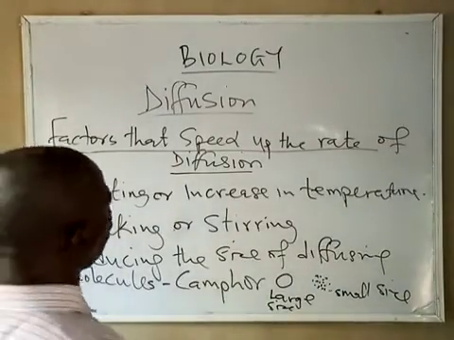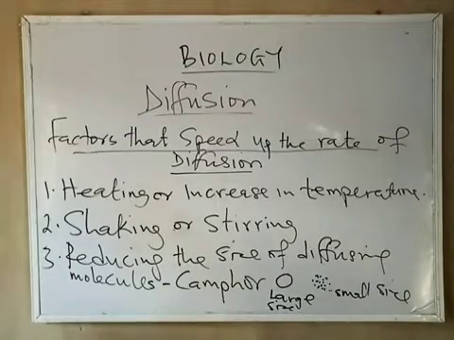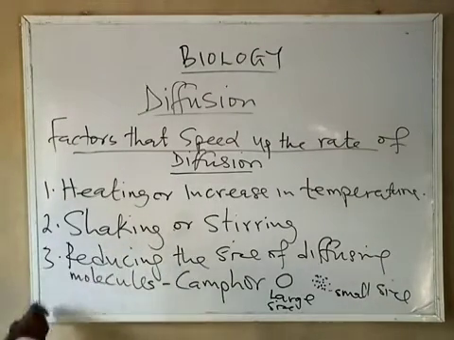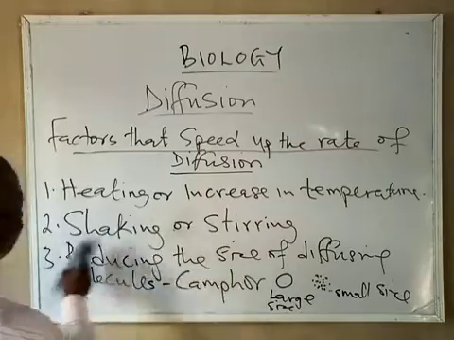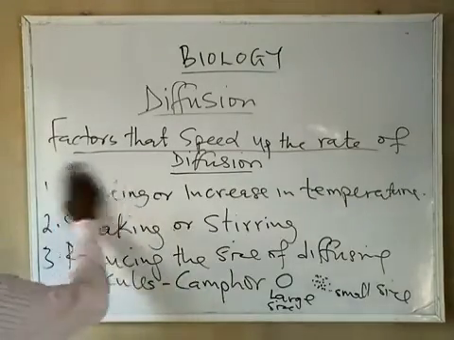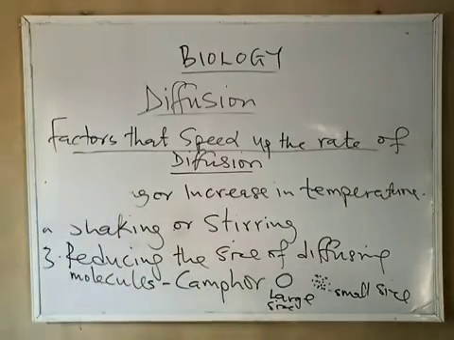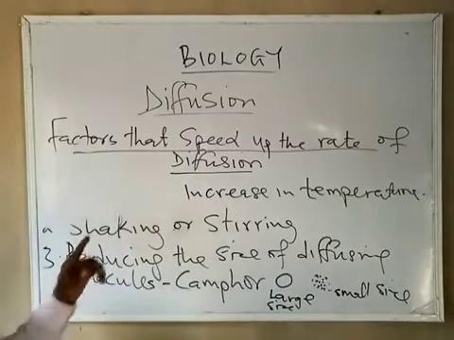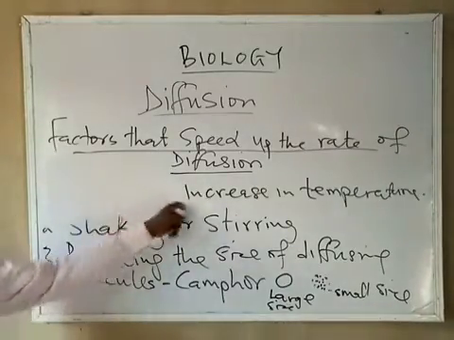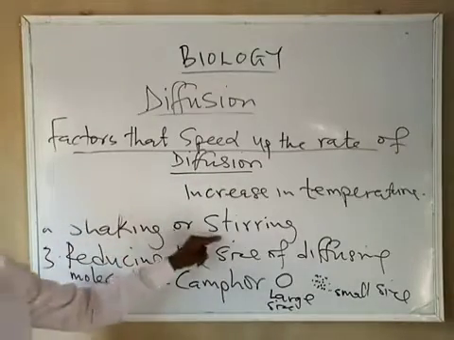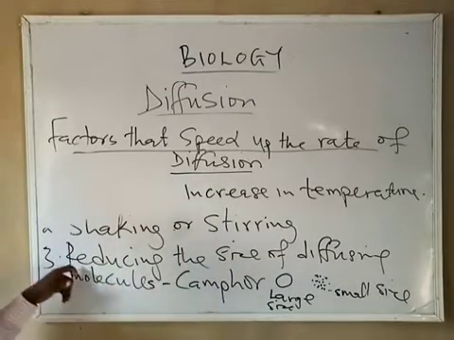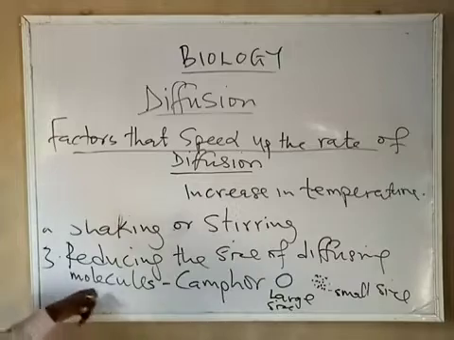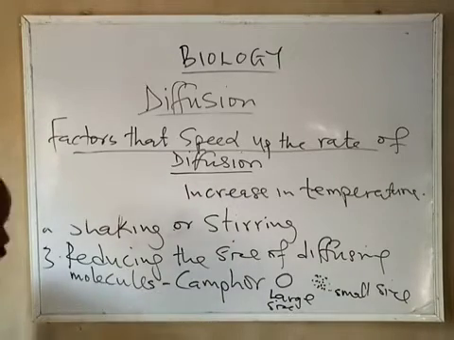After this, we need to look at examples of diffusion in living organisms. So we have mentioned the three main factors that will speed up the rate of diffusion: increase in temperature, shaking or stirring of the medium, or reducing the size of the diffusing molecule.